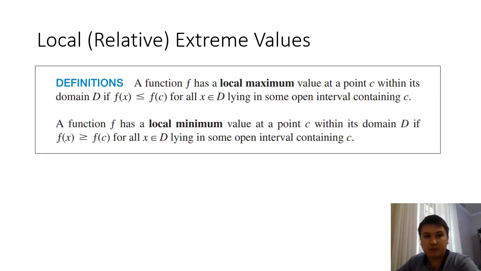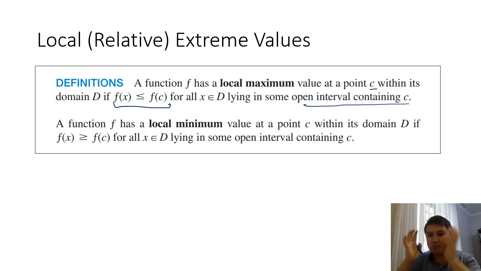Let's now discuss local extreme values, also called relative extreme values. A function f has a local maximum at c within its domain if a similar situation happens: all the points x have f of x less than or equal to f of c within some open interval, so within a neighborhood of c.